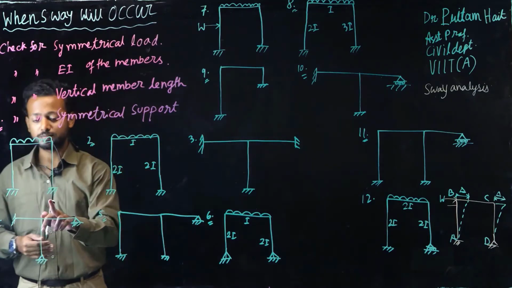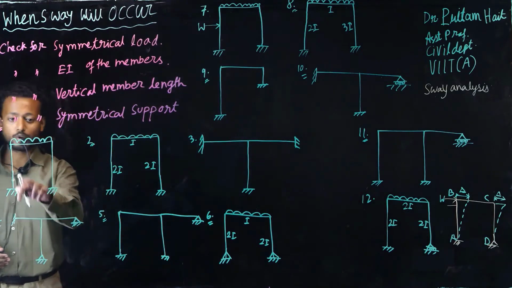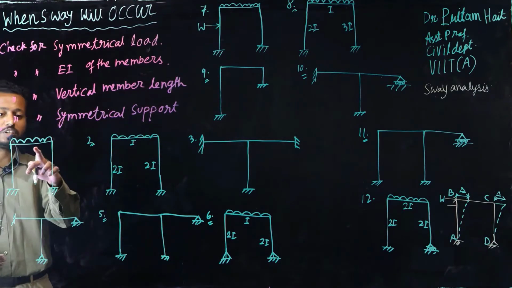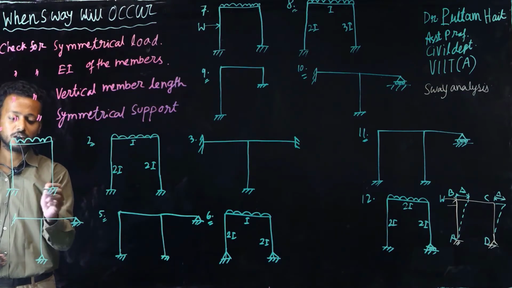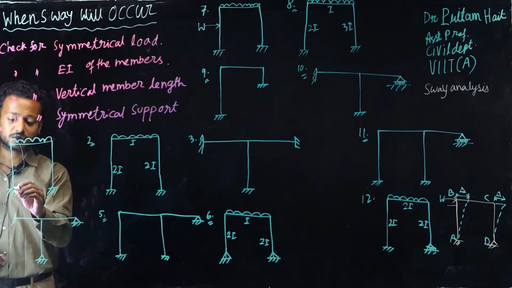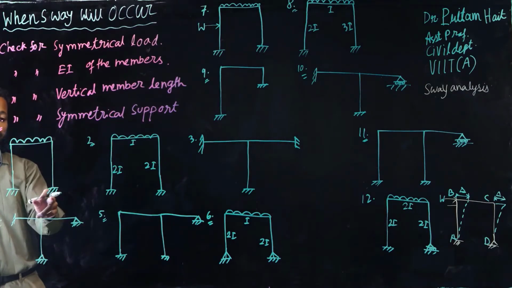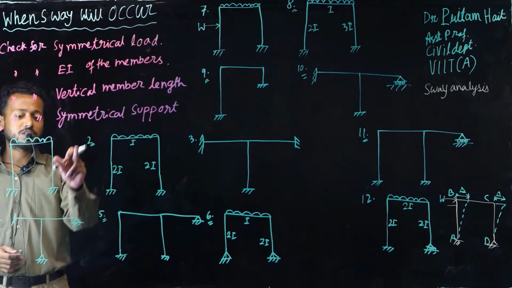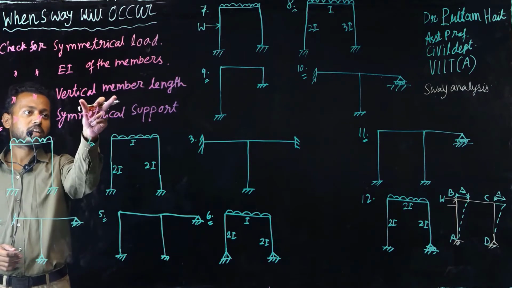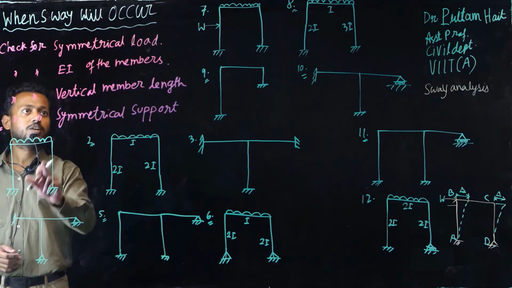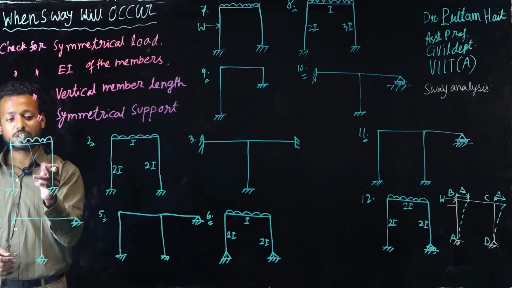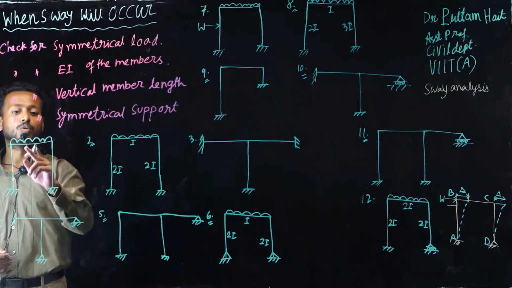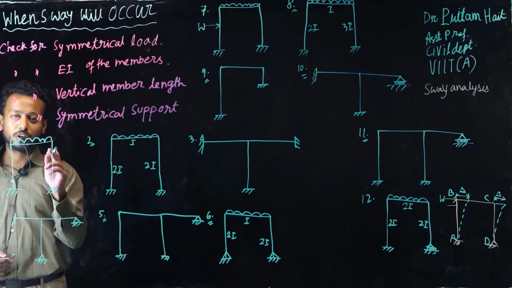First example: this is a portal frame having UDL on its beam. Both the supports are fixed support. So the support condition is symmetric, vertical length is equal, flexural rigidity is not given, but that means those are equal, and the load is symmetrical, so this frame will not sway.